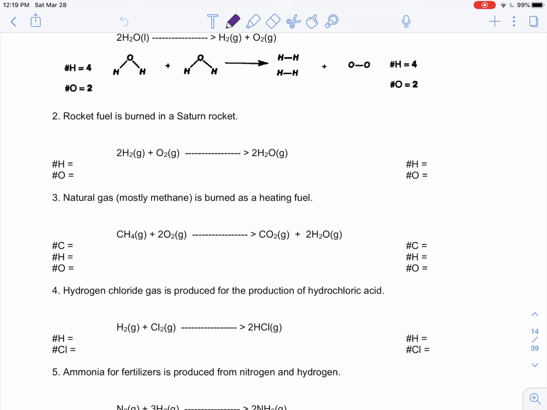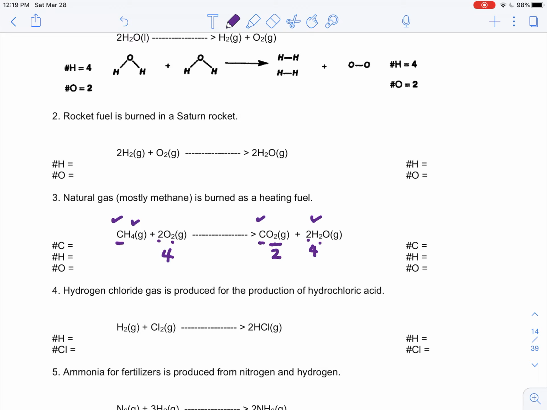And in looking at something like number 3, where we see that there's one carbon on each side, that looks good. We look at hydrogen, there's 4 of them here and 4 of them here, because we count 2 times 2 to make 4 hydrogens, so that looks good. In terms of oxygen, 2 times 2 makes 4 oxygen here.